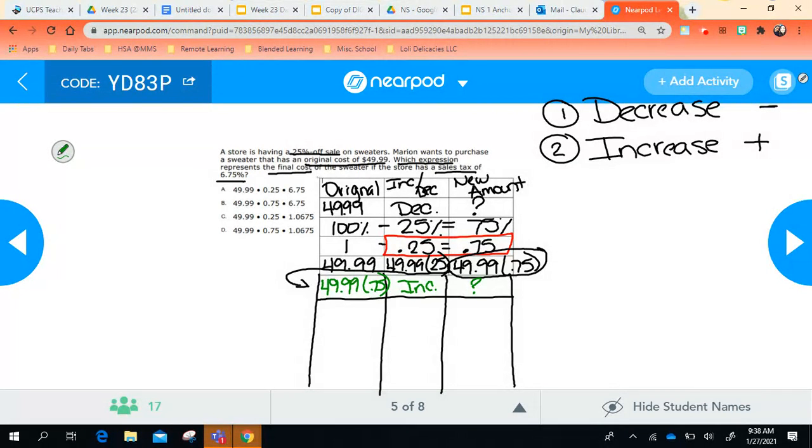Okay, so same steps as the first one. What is our percent of our original? 100%.